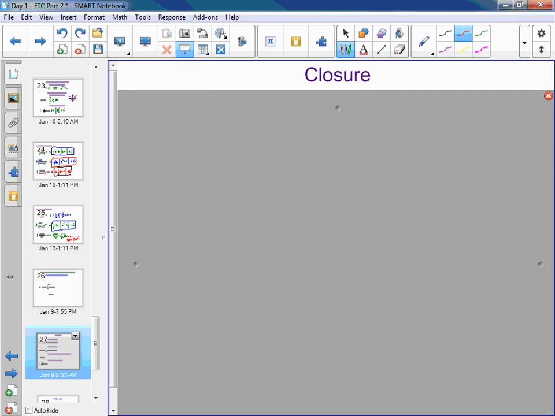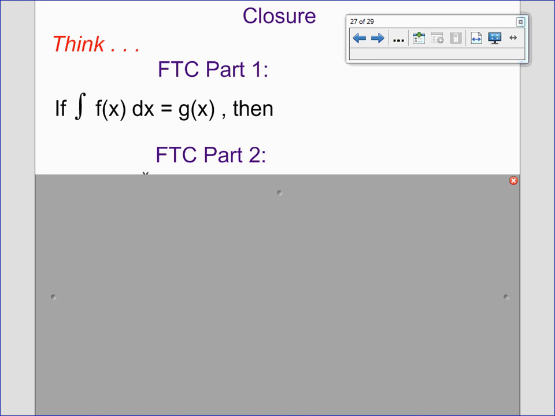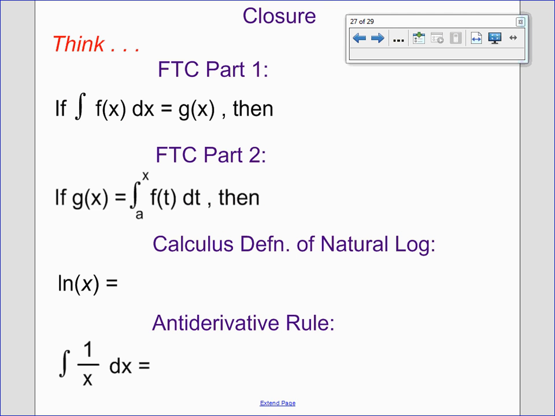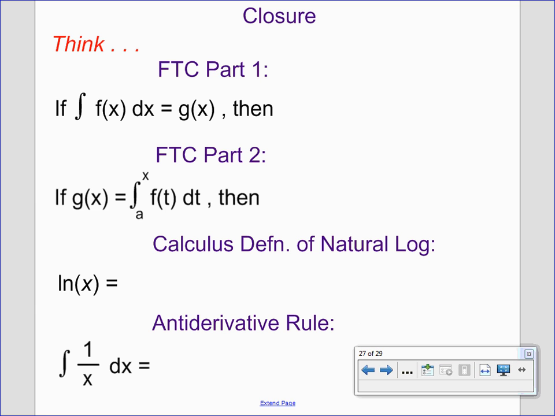So for our closure today, our Fundamental Theorem of Calculus Part 1 says that if an antiderivative of f is g, then the definite integral from a to b of f of x with respect to x is given by g of b minus g of a.